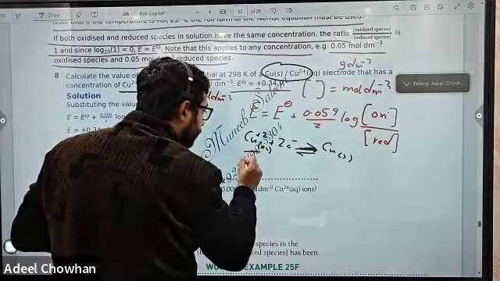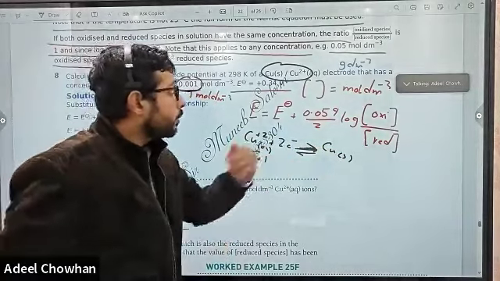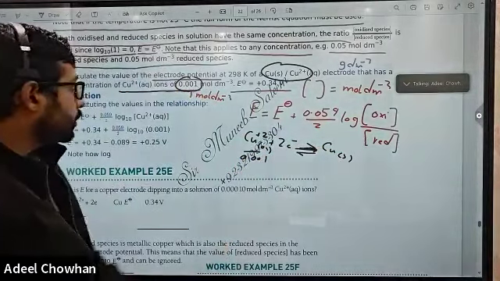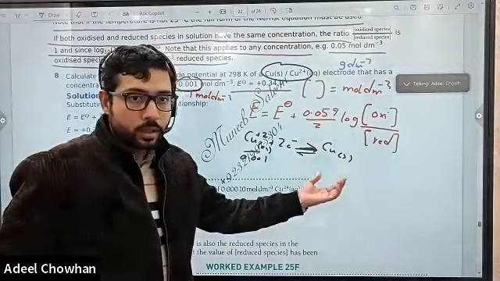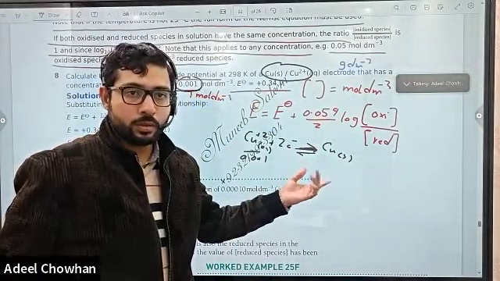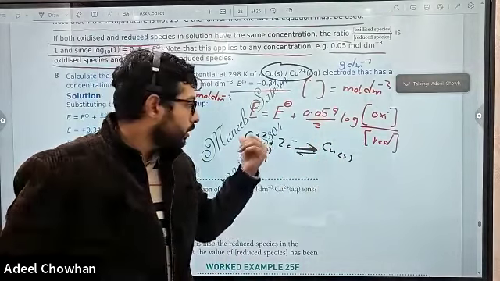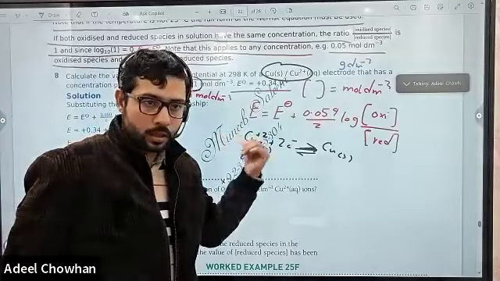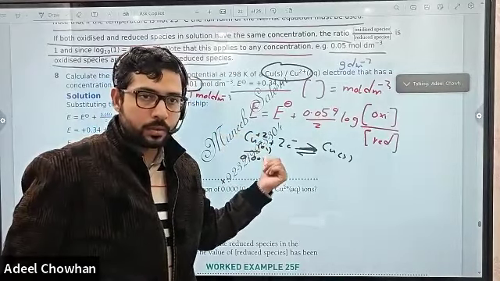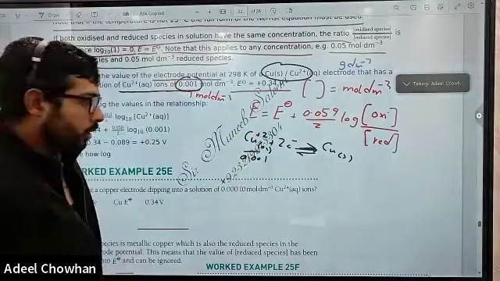So we have the value of 0.001 for this, whereas copper in the solid form is basically a solid, and we do not describe any concentration value for solids. Only the ionic form of the metal is described in terms of its concentration because it has been dissolved in the water.